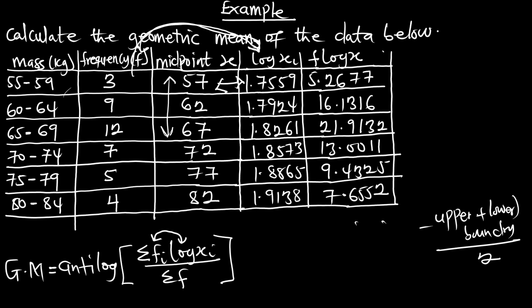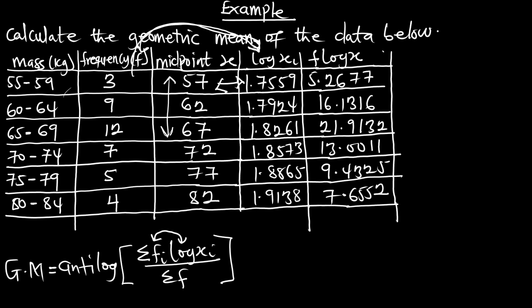So we have to find the summation of f log x. Are we okay? Let's look at how we can find that, because in the formula we are interested in f log x. This will sum up to 73.4013. We also need the summation of the frequency, summation of f, which will give us 40.